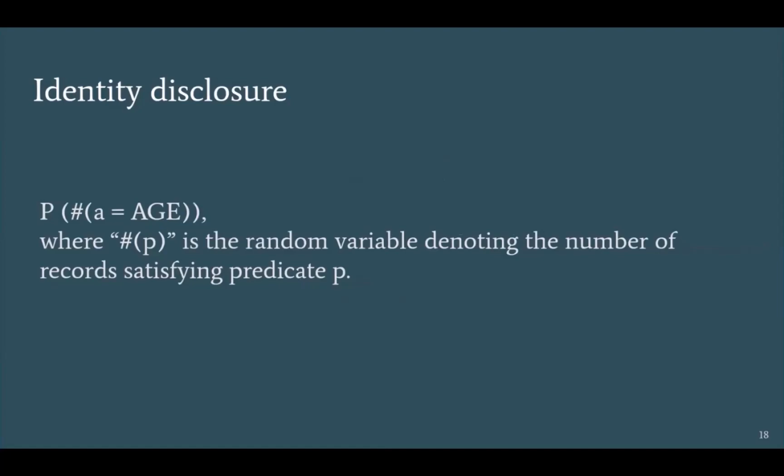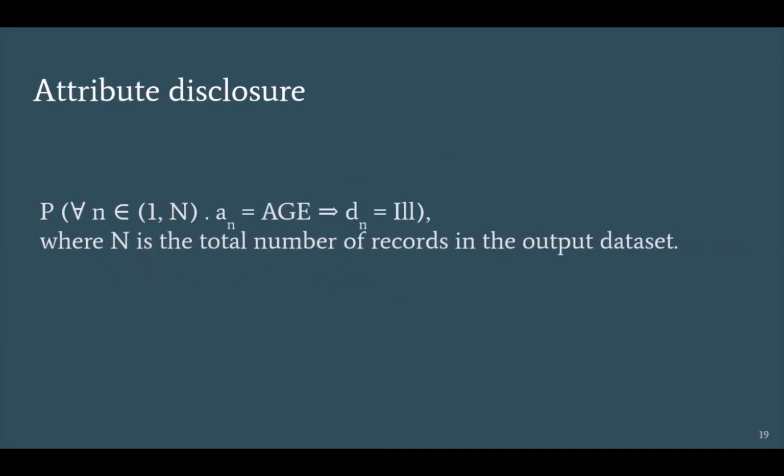This will return the probability distribution of how likely it is that different numbers of records will contain the same age as the victim. And then we have the attribute disclosure. It is simply asking what is the probability that for every record that is generated in the dataset, there exists exactly one record with the victim's age, and then that person is ill.